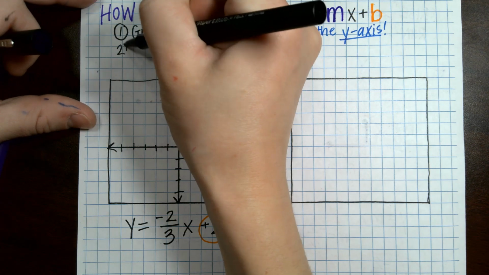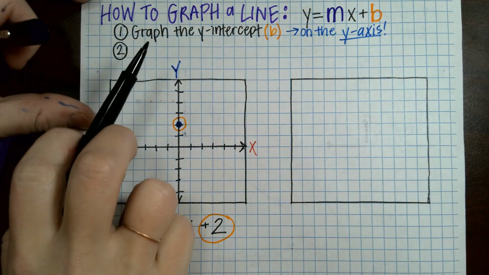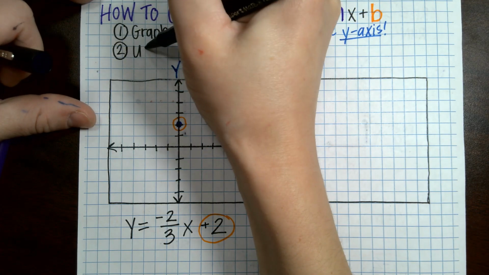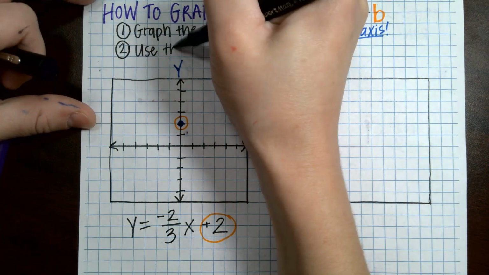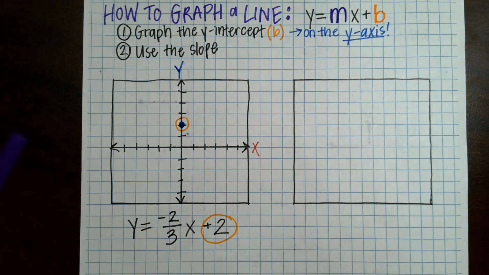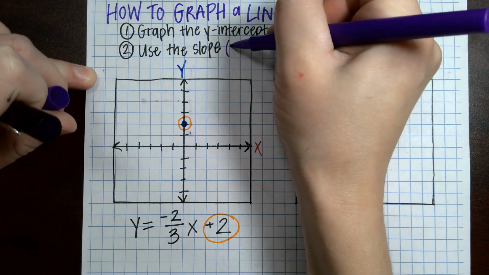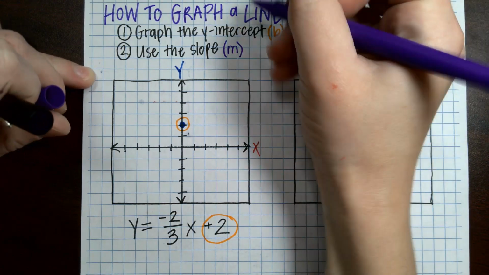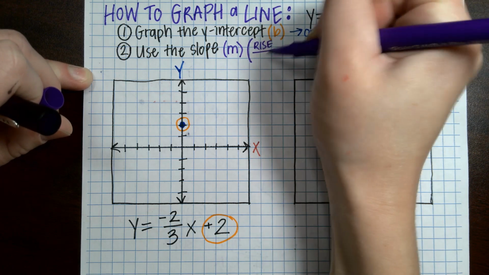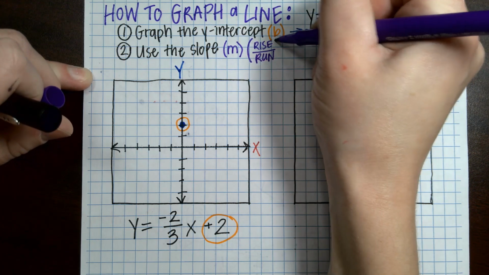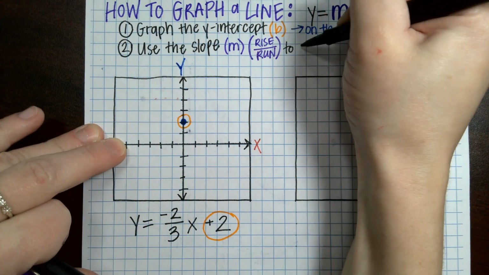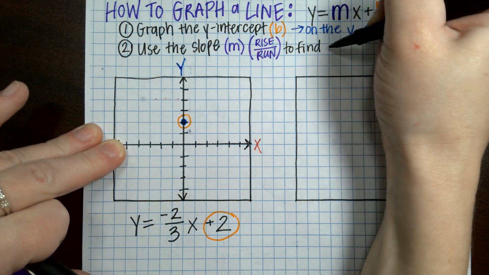Step 2 is going to be to use the slope to find a second point. So use the slope, or m, or rise over run, to find a second point.